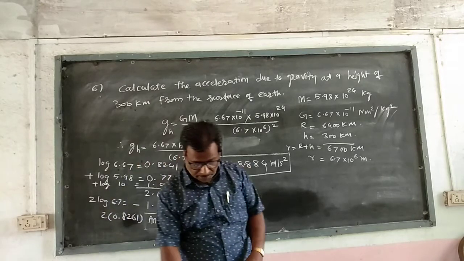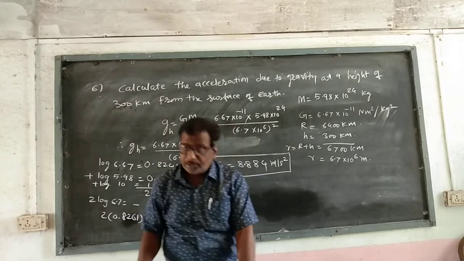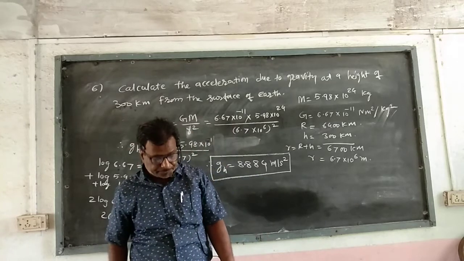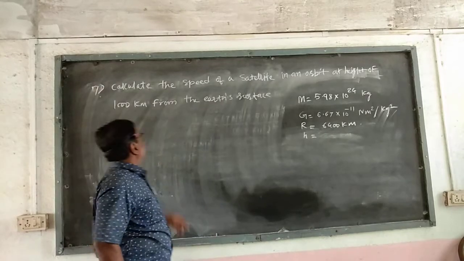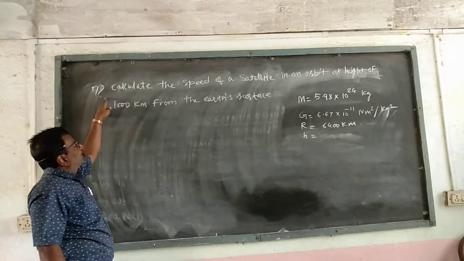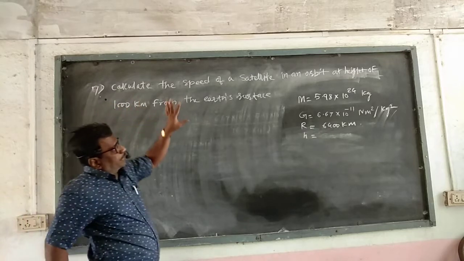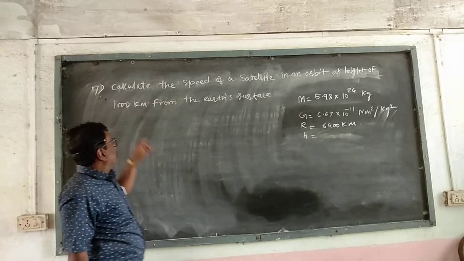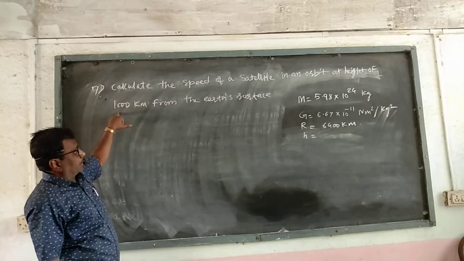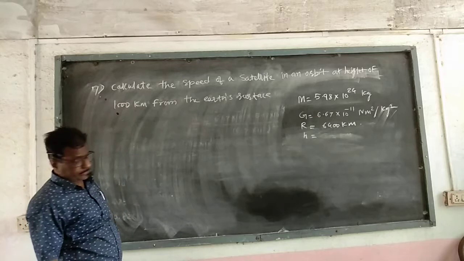Now we solve another example. Now we take problem number 7. Calculate the speed of a satellite in an orbit at a height of 1000 km from the Earth's surface.